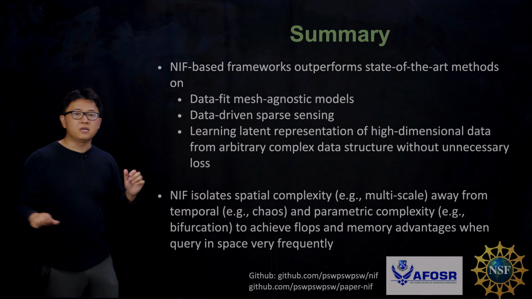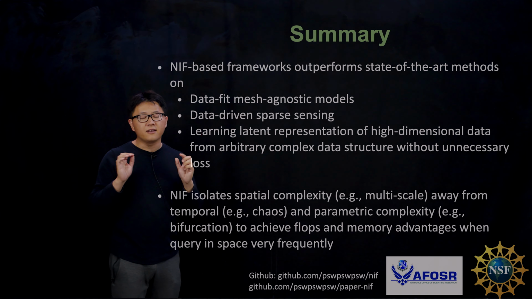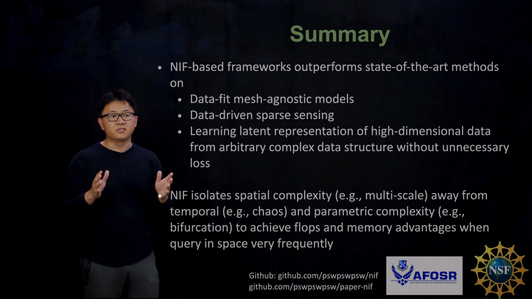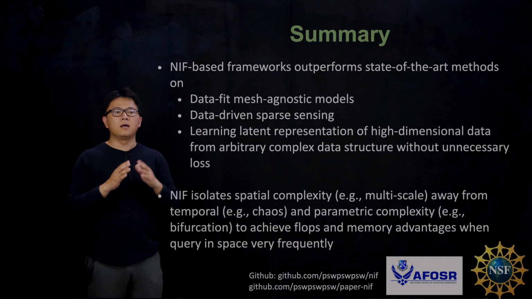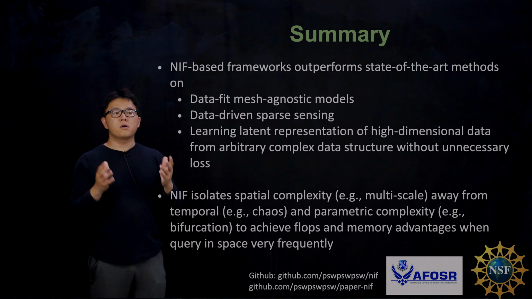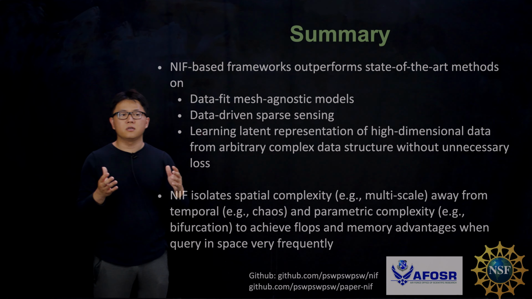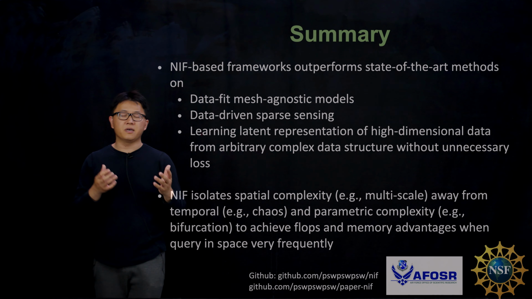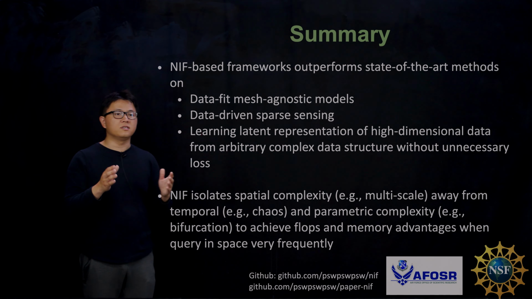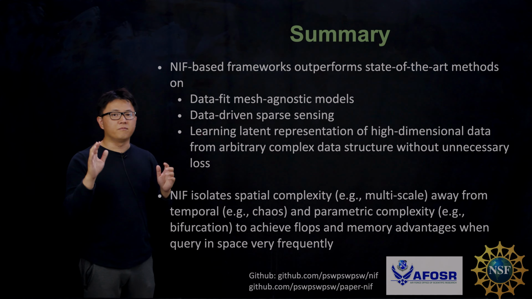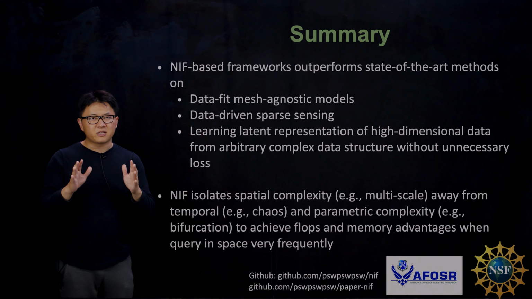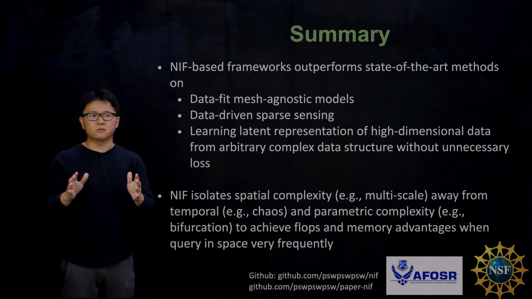Okay, another thing I want to mention is that the key idea of NIF is that it isolates spatial complexity, such as multi-scale, away from temporal complexity, like chaos, and parametric complexity, for example bifurcation, to achieve flops and memory advantages when querying in space very frequently. And this also follows the same idea of previous traditional reduced models where dimensionality reduction is only happening in the spatial direction.